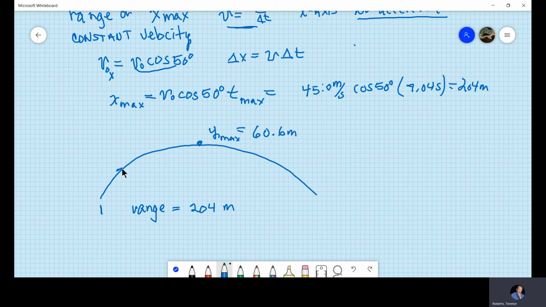Okay, and we also had an initial velocity, V sub naught, at 45 meters per second at an angle of 50 degrees. And then we had the total time that it was in the air, with this representing the ground, was T max, 7.04 seconds. Okay, so that's how you find a simple two-dimensional projectile motion problem.